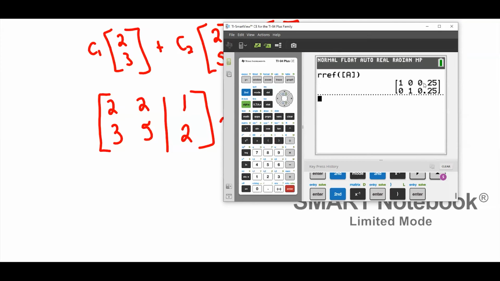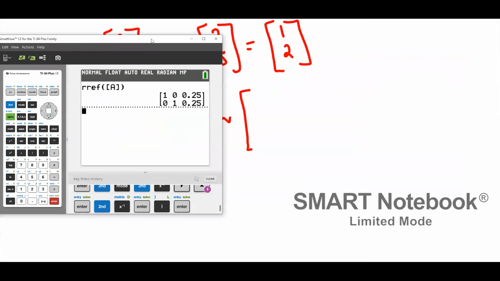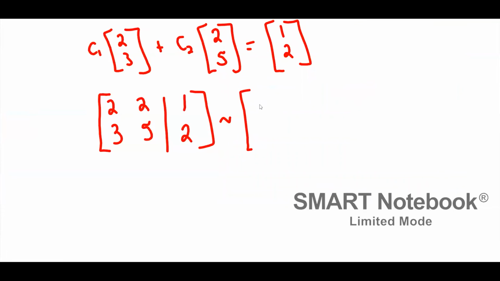And I'm going to put in my matrix A. So we get this system. So let me write this down over here. Got 0.25, so I'm just going to call that 1/4. All right. Oh, I messed up there.